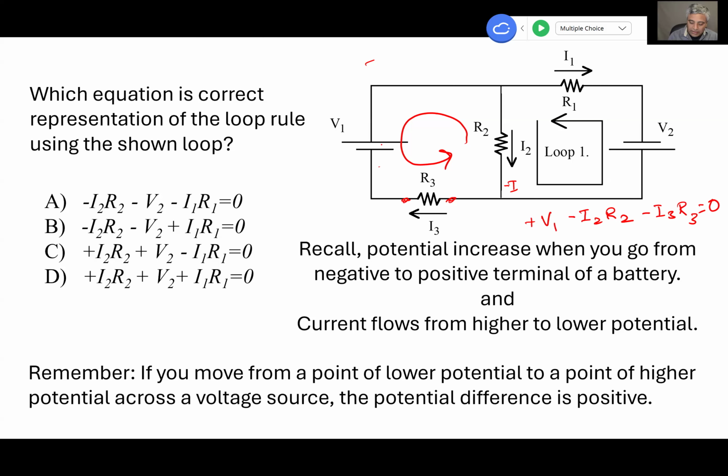For example, if I do this, now we are going from higher to lower for the source, so the source is going to be negative. And this one, now we are going opposite to the flow of current, so it's going to be positive. And over here, again, opposite to the flow of current, so it's going to be positive as well.